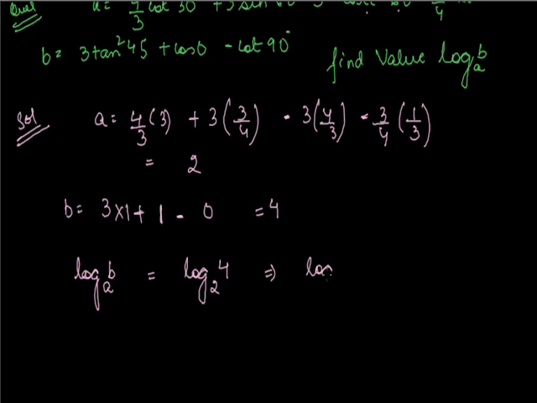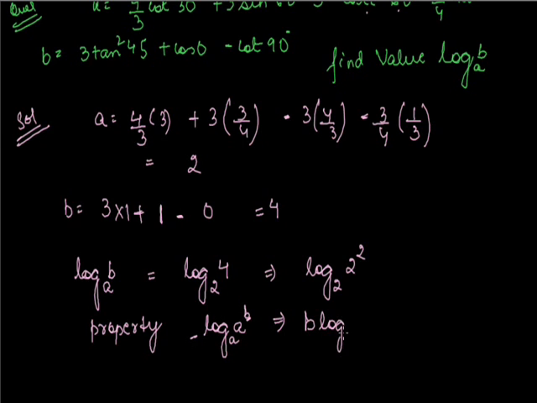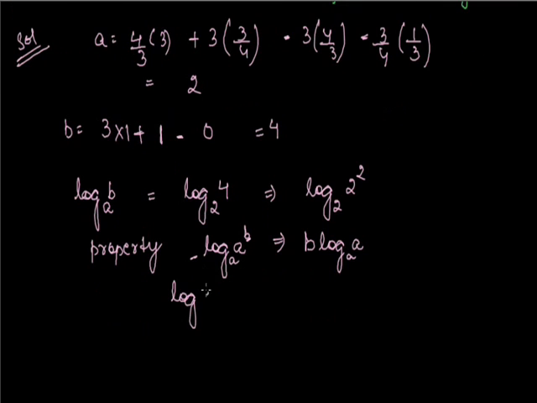I can write 4 as 2 to the power 2, and 2 in base. Now there is a property of log: if log of A to the power B, I can write it as B coming forward, B log A to the base A, and also log A base A is equal to 1.